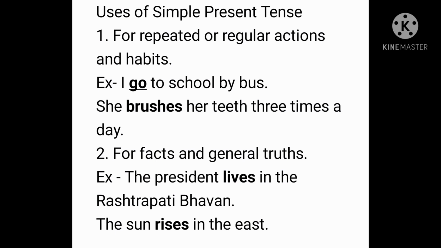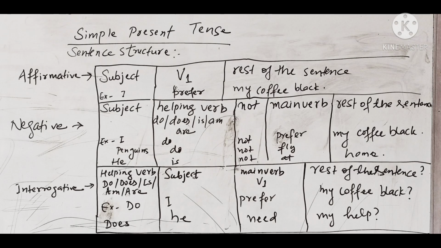Now let's take a look at the sentence structure of simple present tense. How to frame a sentence using simple present tense. Here is a chart that presents the sentence structure of simple present tense in affirmative, negative and interrogative. First thing first, what is affirmative?